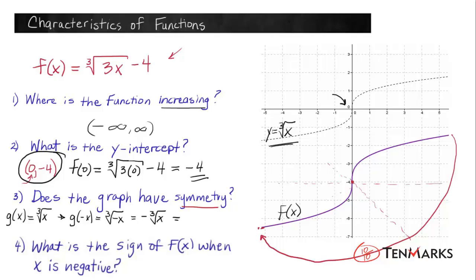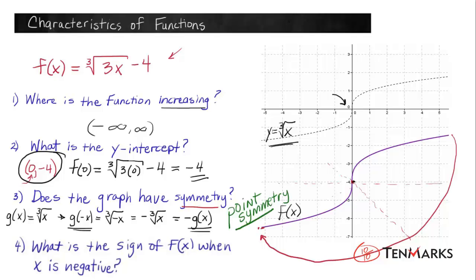And now we're right back to negative g of x, which is what we were looking for. g of negative x equals negative g of x, and therefore it's an odd function. All odd functions have point symmetry or origin symmetry, and that tells us that our new graph, while it doesn't have origin symmetry, does have point symmetry.